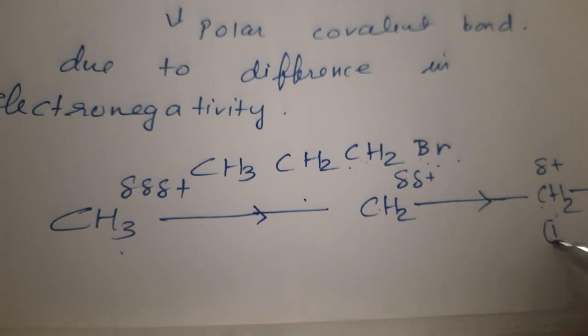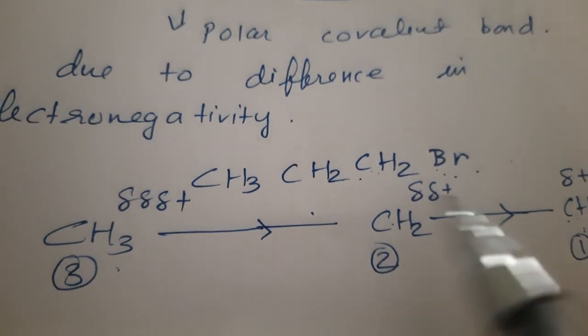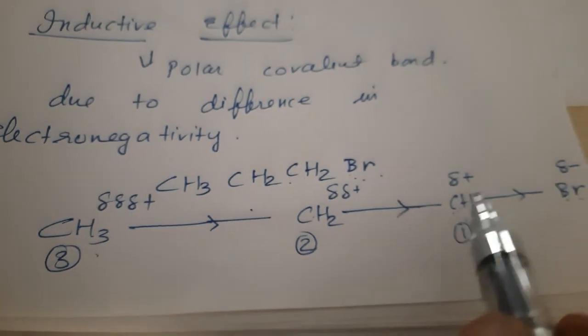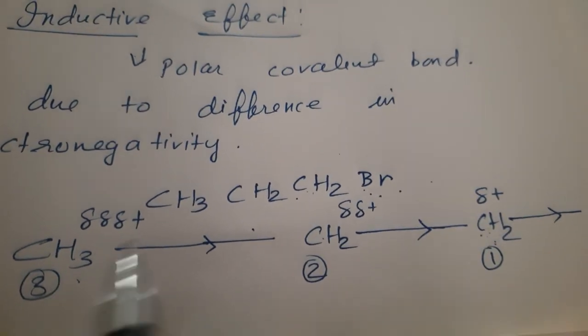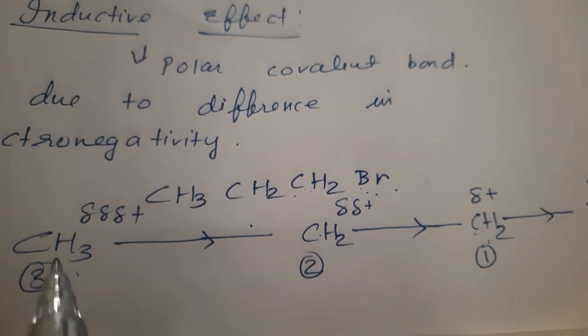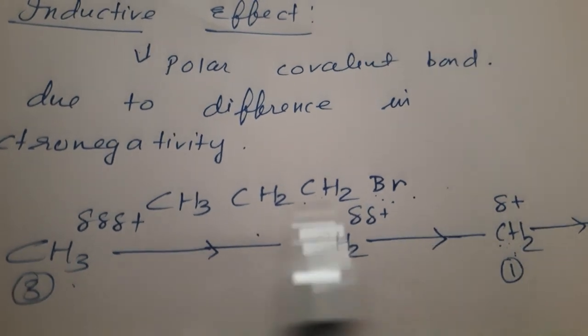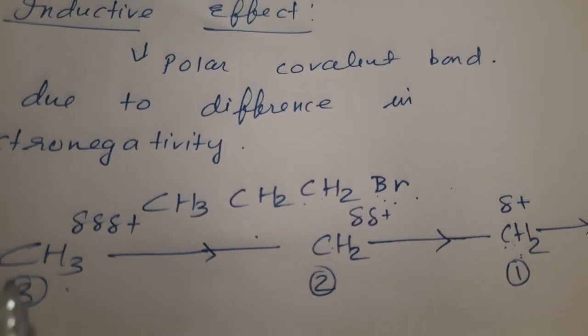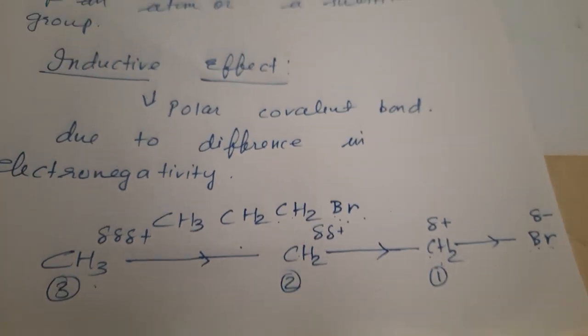If this is carbon number 1, this is carbon number 2 and this is carbon number 3, the polarity is induced till carbon number 3. If a bigger molecule is there, with 4 carbons, 5 carbons or more, the effect will not be inductive. After the third carbon, the effect becomes negligible.